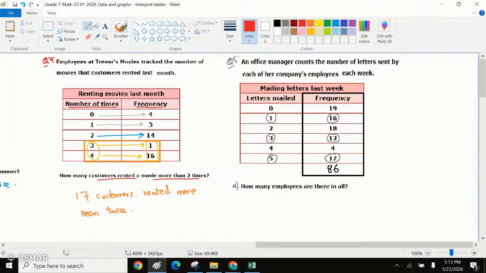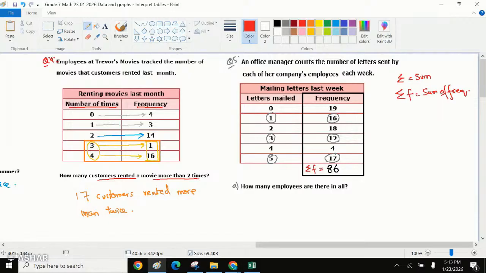86. Okay, one more piece of information we have is this sign is used for sum in maths, right? So we can say sum of frequency is equal to, when I'm writing, this means sum of frequency, okay?